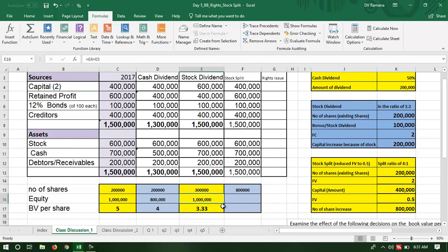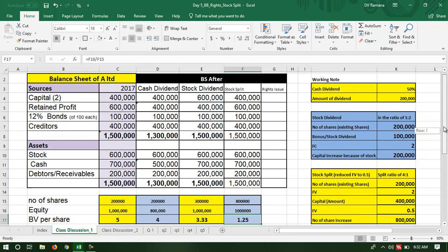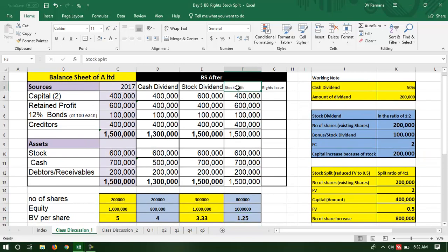So the equity remaining same, the book value per share will now change, and book value is changing because we have increased the number of shares. And why did the number of shares increase? Because there was a stock split.